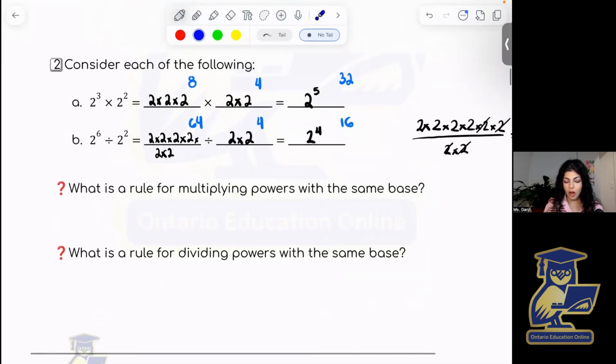So here we saw we had 3 2's and another 2 2's, and when we multiplied them in total, we had 5 2's.